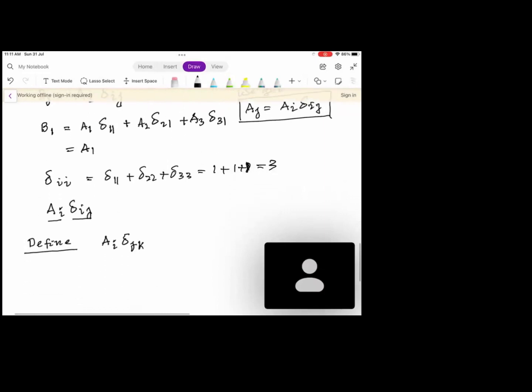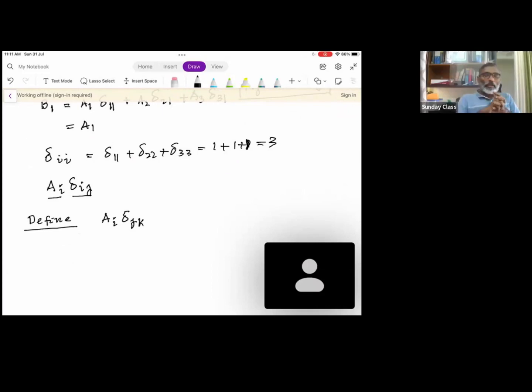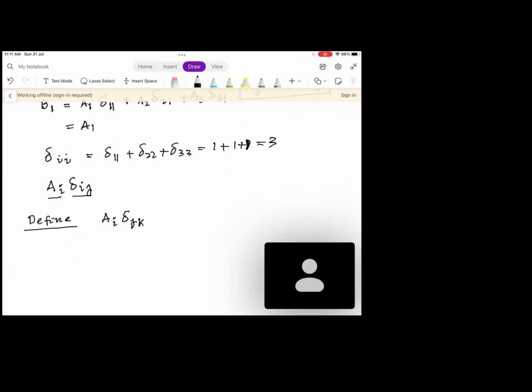That should be its rank. So this should be equal to either AJ or AK. Do you agree that it's a tensor of rank 3? Yes, sir.